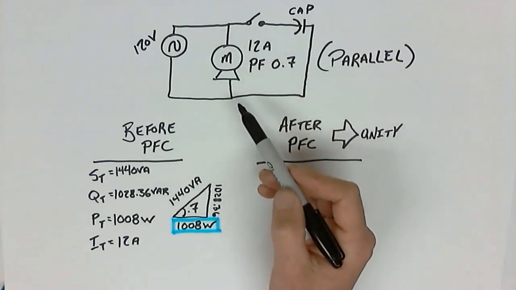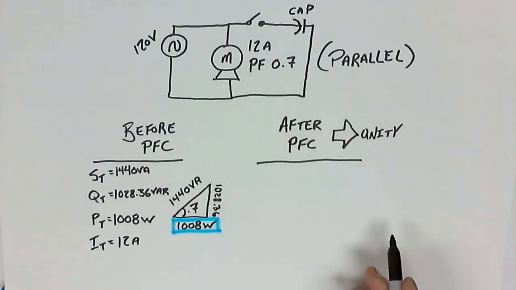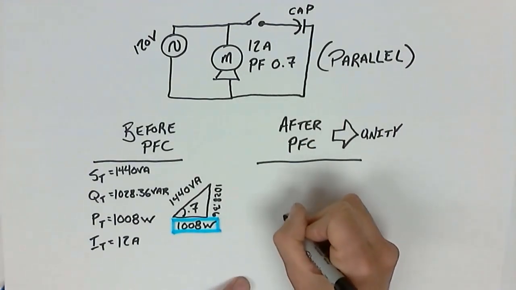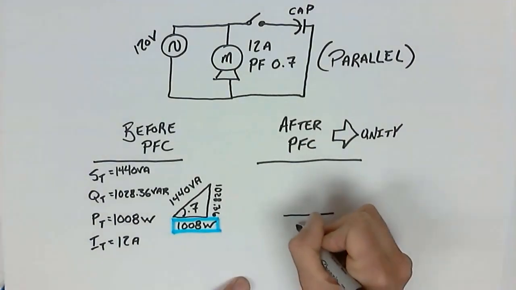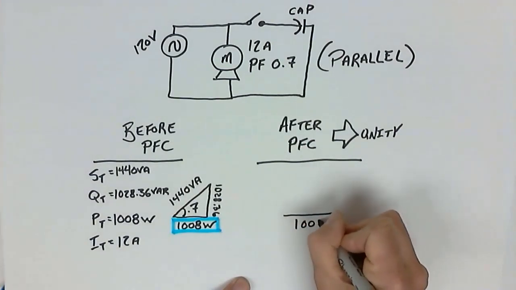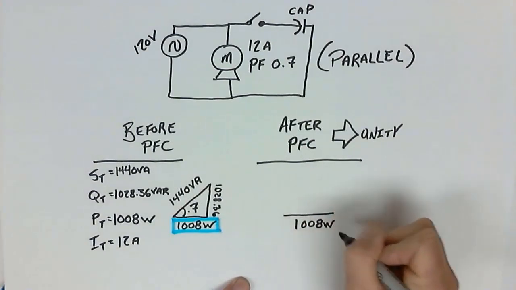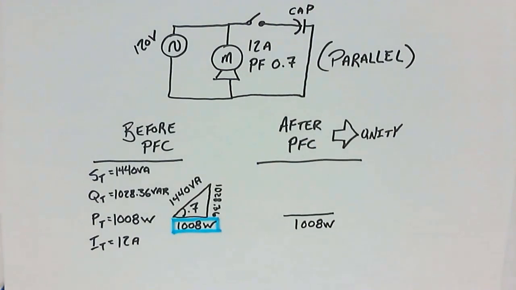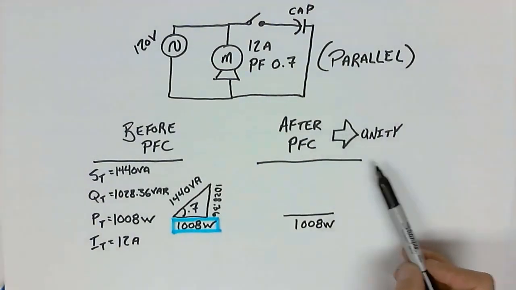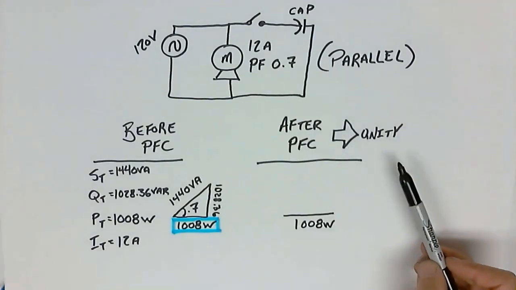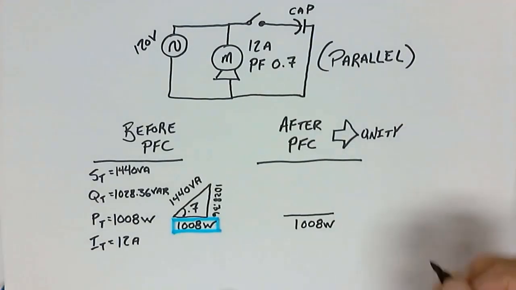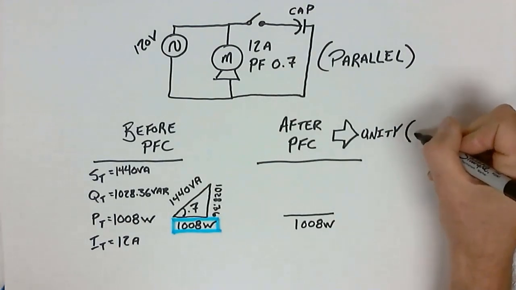And it won't have any effect on the actual running of the motor. So after power factor correction, what we're going to start with is our power triangle and with a known value from the previous circuit, 1008 watts. Now, in my example, what I've just stated here is I want to correct this to unity power factor, and we all know that unity means a power factor of 1.